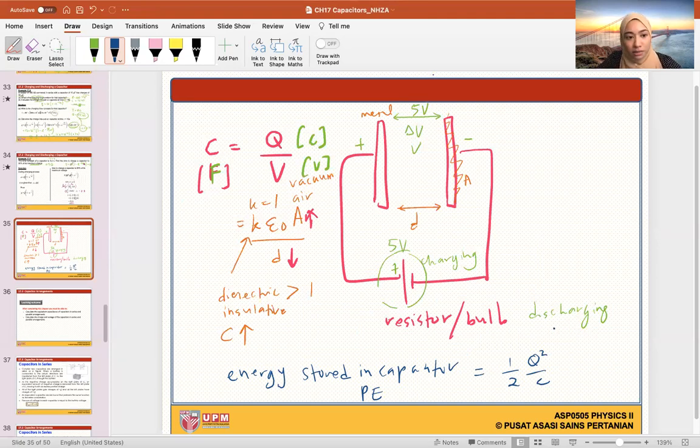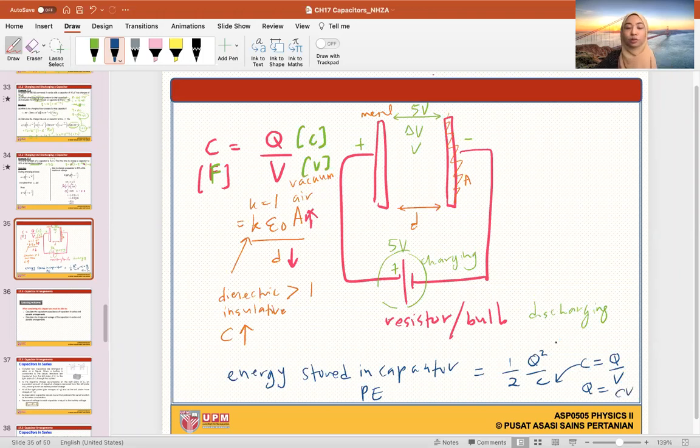So Q is the charge, C is the capacitance, and if you want to have another version of this equation, you can substitute C equals Q over V, depending on what you want to eliminate. For example, if you want to eliminate C, then you substitute C with Q over V. If you want to eliminate Q, then rearrange this to solve for Q, which is CV.